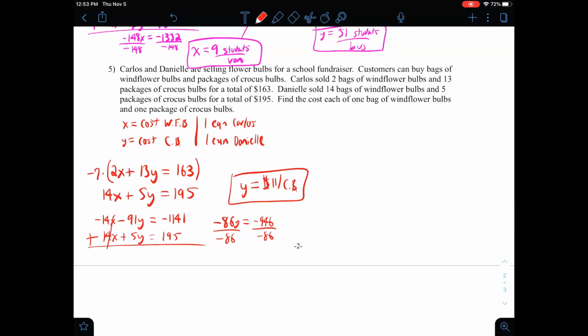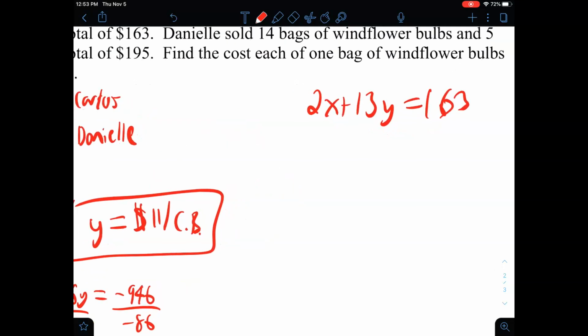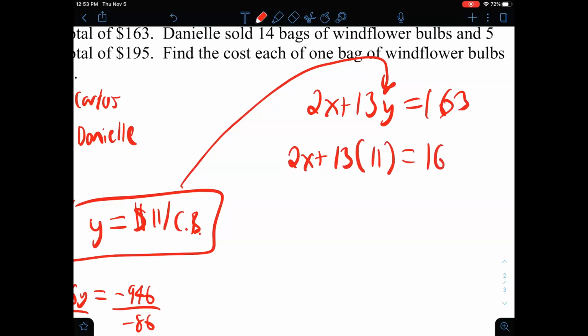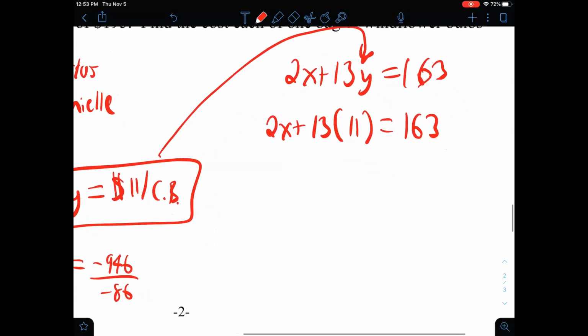Okay, and then we're going to plug into one of the other equations. I'm going to plug into 2x plus 13y equals 163. So we're going to plug in 11 for y, because y equals that. So we have 2x plus 13 times 11 equals 163. Then 2x plus 13 times 11 is 143 equals 163.